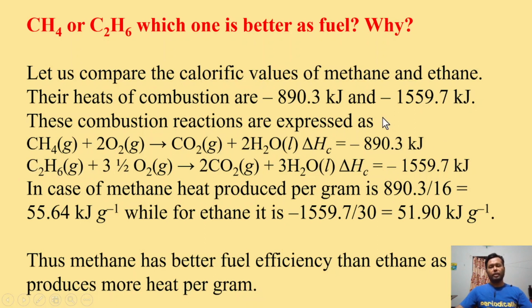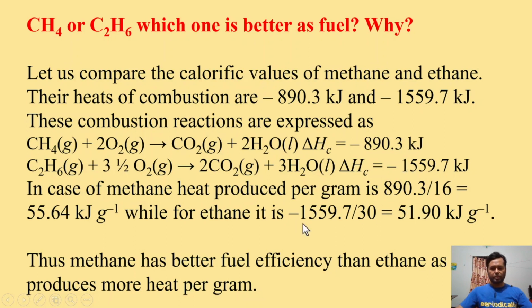ethane is a better fuel, but is it real? Then we have to calculate how much energy we are getting from 1 gram of fuel. So from 16 gram of methane we are getting this, then how much we are getting from 1 gram of methane?